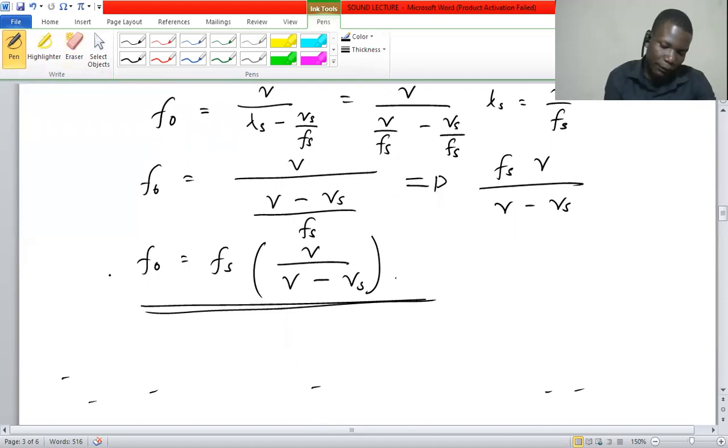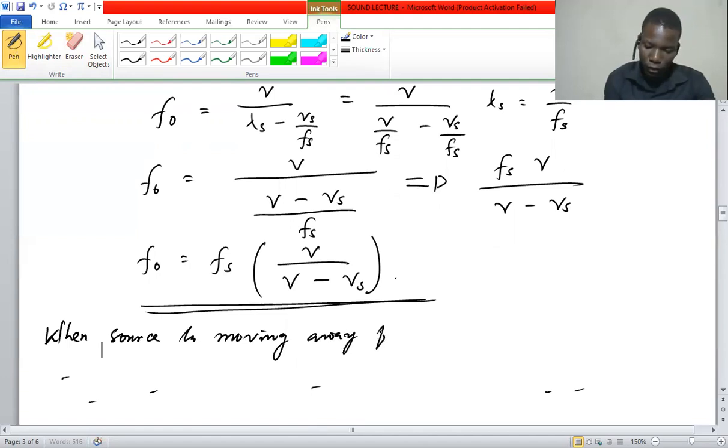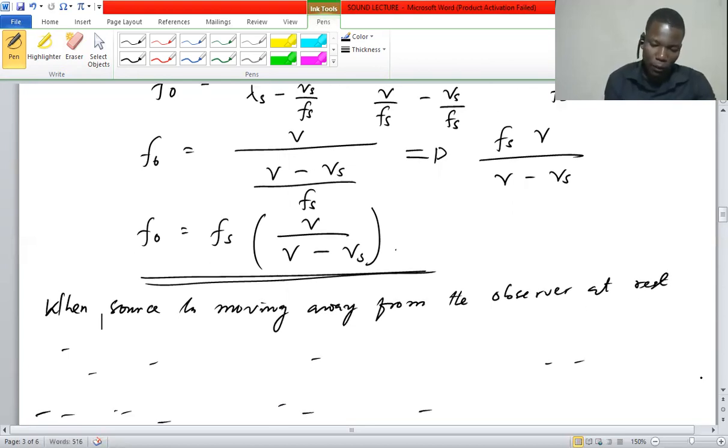When the source is moving away from the observer at rest, it's just going to be the opposite of that, where here now this is no longer going to be the difference.